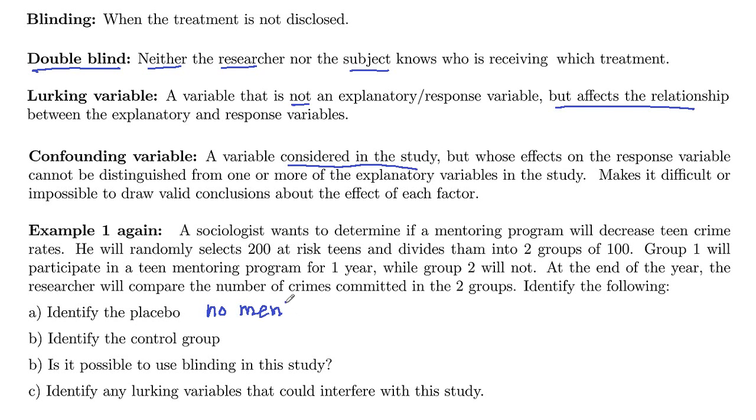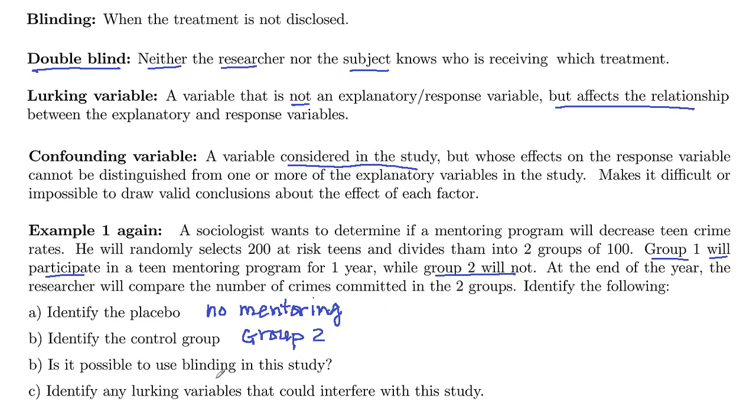So the mentoring is the active treatment. So then your control group, the group that receives the placebo: group 1 will participate in the teen mentoring, group 2 will not. So group 2 is our control group.